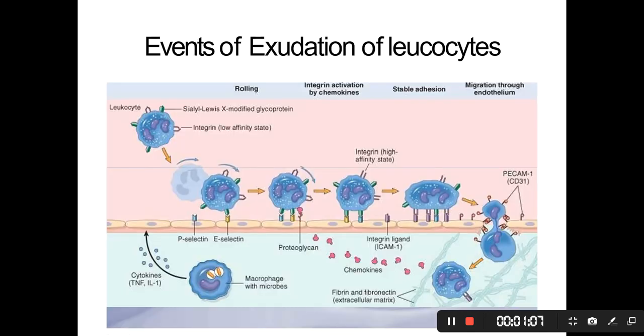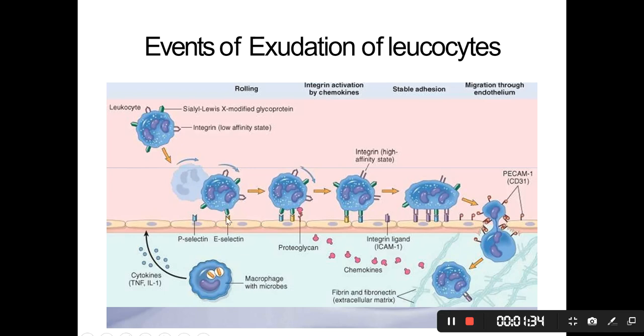Okay, this is a slide I guess I have put in your exam also, so we'll learn it. So what is this? This is a leukocyte, a neutrophil to be specific, right? The neutrophil is coming, it is trying to attach itself with the help of selectins. I am not going to go into specific P selectin, E selectin.